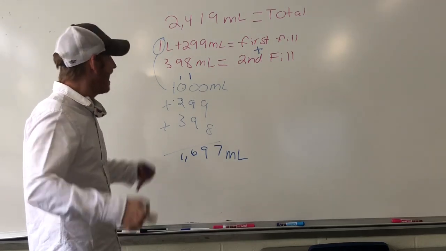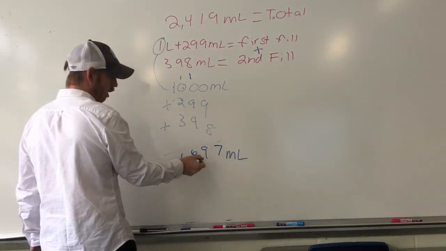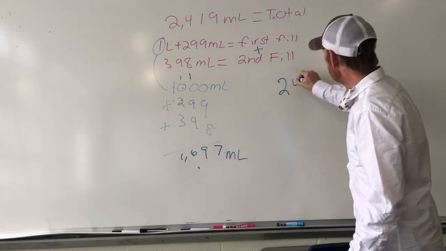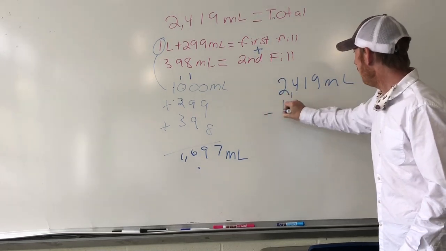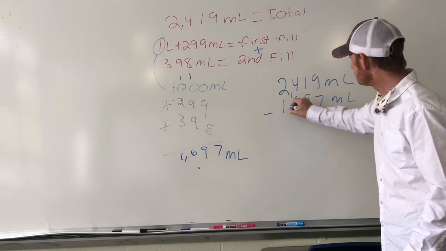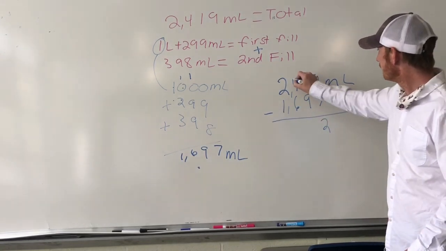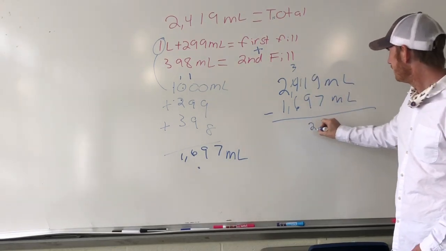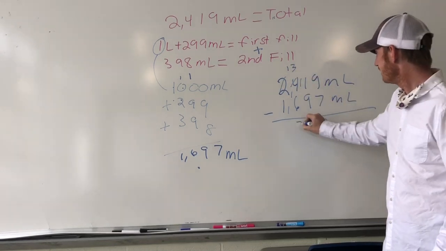And the question asks us, how much more space do we have? Well, we have our total, we have our part, so now we just have to subtract. 2,419 milliliters minus 1,697 milliliters. 9 minus 7 is 2. 11 minus 9 is 2. 13 minus 6 is 7.